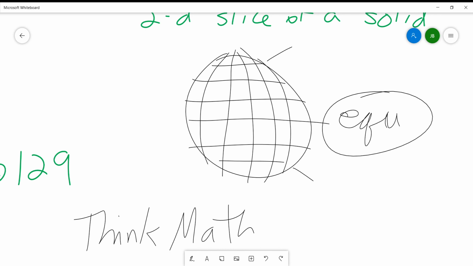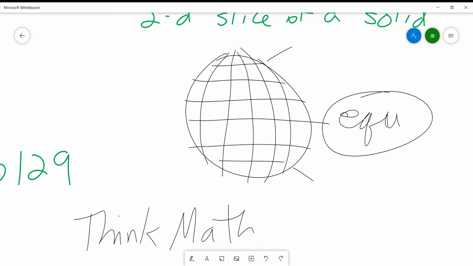If you have a plane, the plane can't be bendy. We're not doing bendy planes now. It's got to form a two-dimensional shape. As I'm thinking about it, I know every single plane, as it slices through a sphere, is going to be a circle.